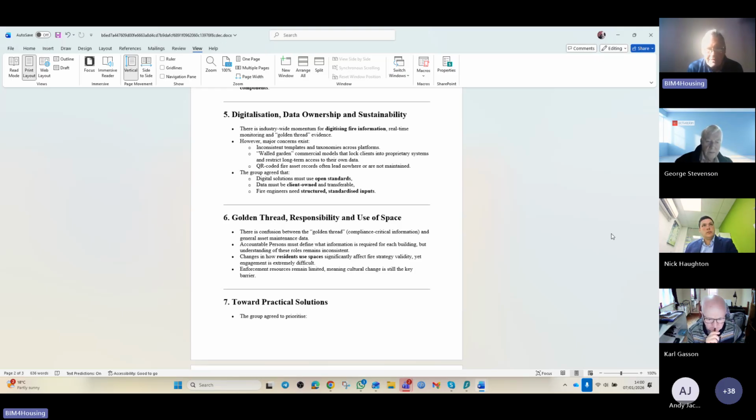Accountable persons must define what information is required for each building, but understanding of these roles remains inconsistent. Changes in how residents use spaces significantly affect fire strategy validity, yet engagement is extremely difficult. Enforcement resources remain limited, meaning cultural change is still the key barrier.